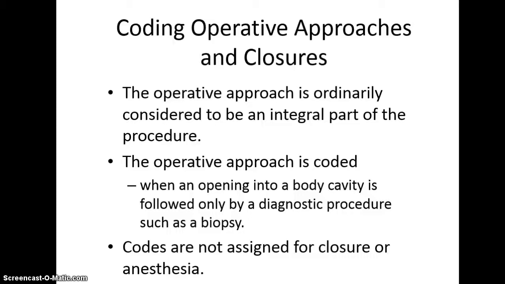But this is not consistent within the index and within the tabular list for you to rely on it. So you can't say, oh, there's no omit code direction, so I have to apply the code. It really requires you to take a look at the description and say, does this really tell me how that procedure was performed and what the approach was?